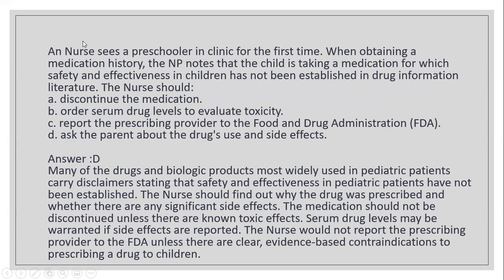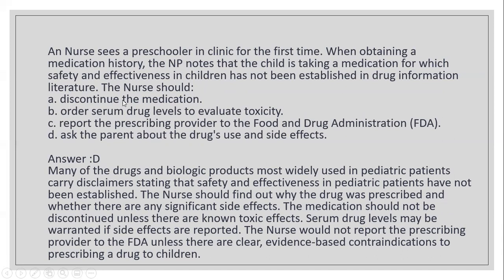And next question. A nurse sees a preschooler in clinic for the first time. When obtaining the medication history, the nurse notes that the child is taking a medication for which safety and effectiveness in children has not been established in the drug information. So what should the nurse do?